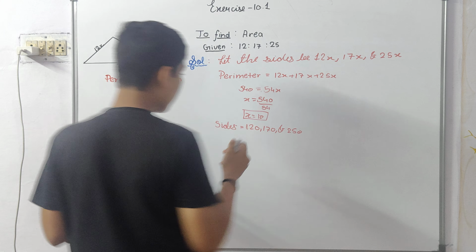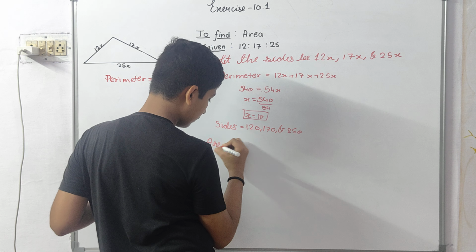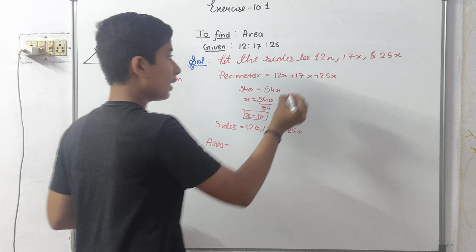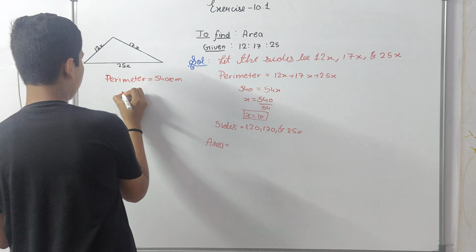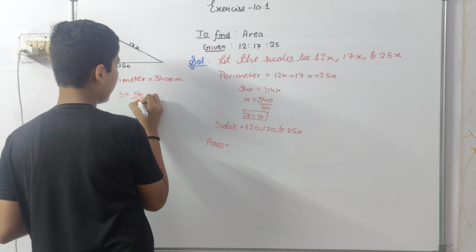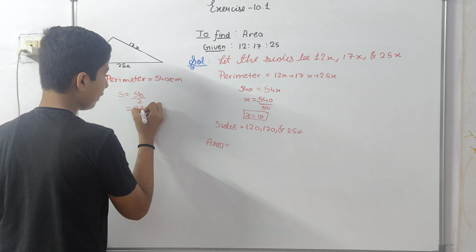Now we'll find the area. First of all, let's see S. So the perimeter is 540. S equals 540 divided by 2, which is 270.